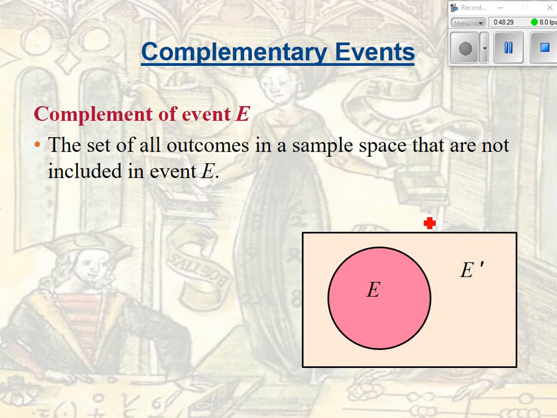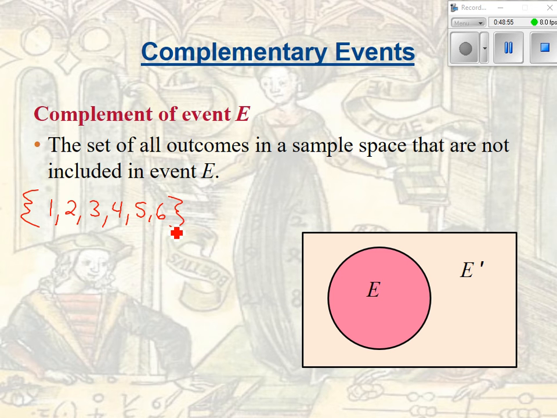Complement of an event. Let's just use a die again. What's our sample space if we roll a die? 1, 2, 3, 4, 5, 6.